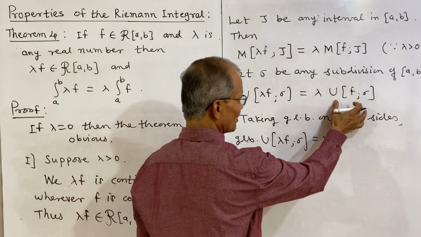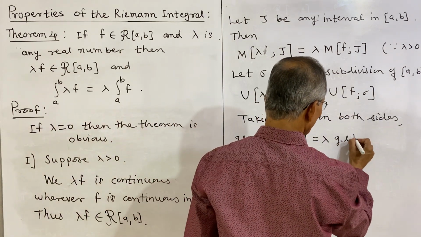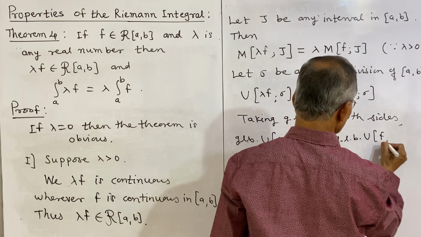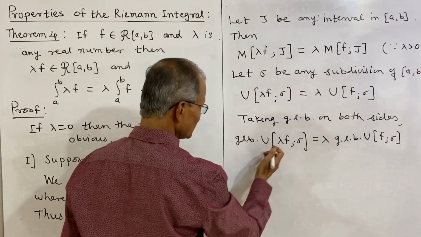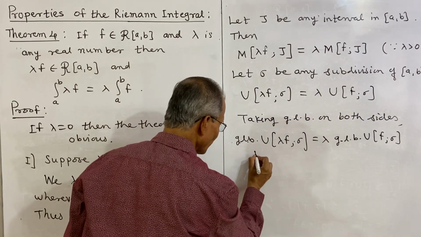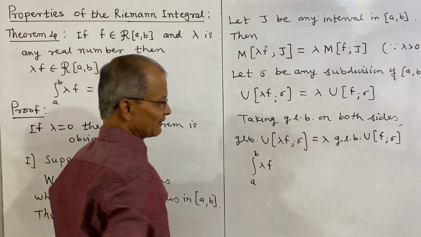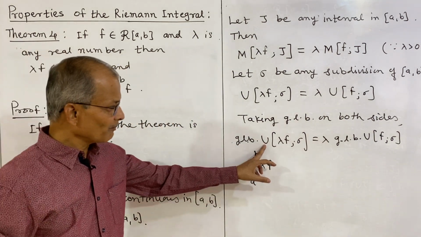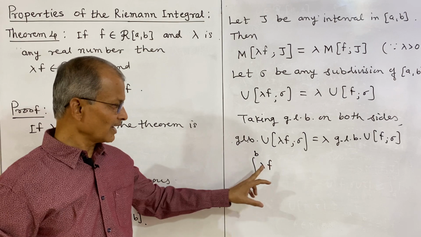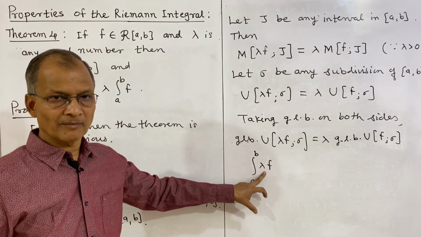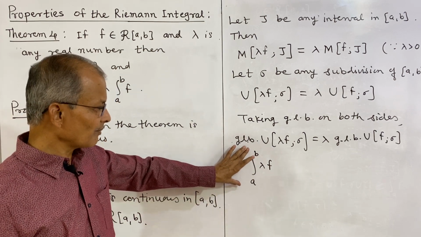We have to take the GLB of the upper sum of f on sigma. And what is this? The integral a to b of lambda f. By definition, the GLB of the upper sum of lambda f on sigma is the integral a to b of lambda f, or that is actually the upper integral.